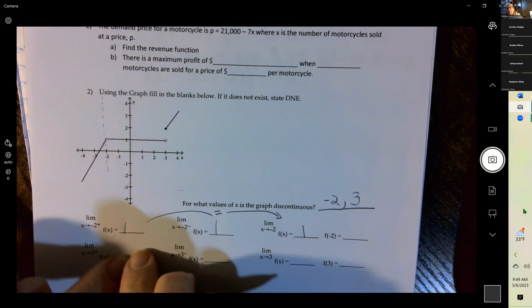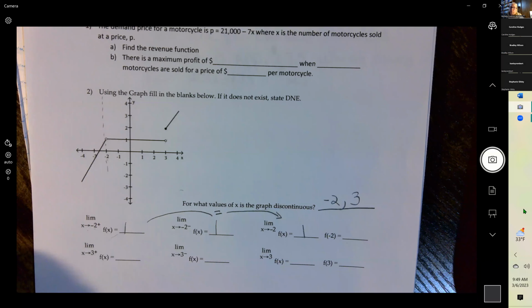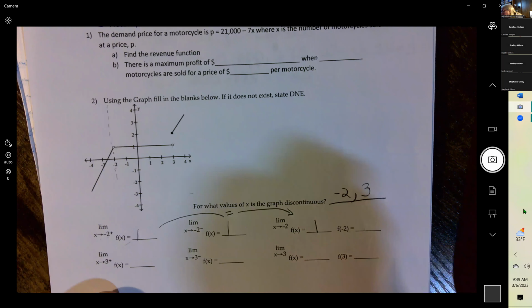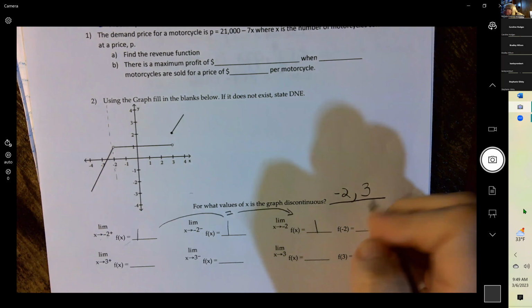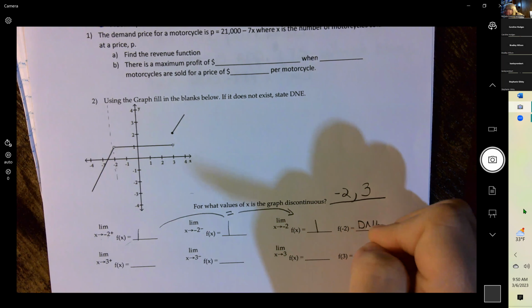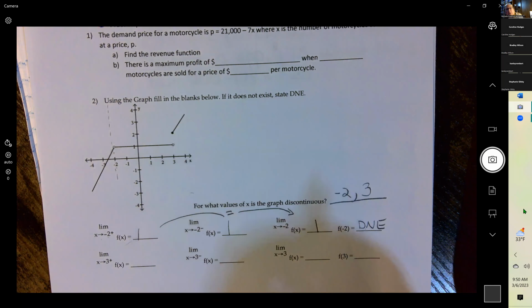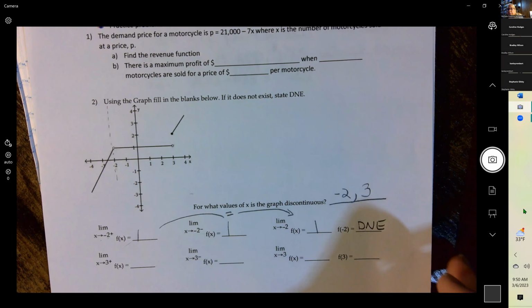So either all 3 of these are the same, or this one doesn't exist. This last one's the shaded in point. Notice that there's no shaded in point at -2. So this does not exist. If there was one, say there was one here at 3, then the answer would be 3. But there's no shaded in point, so it does not exist.